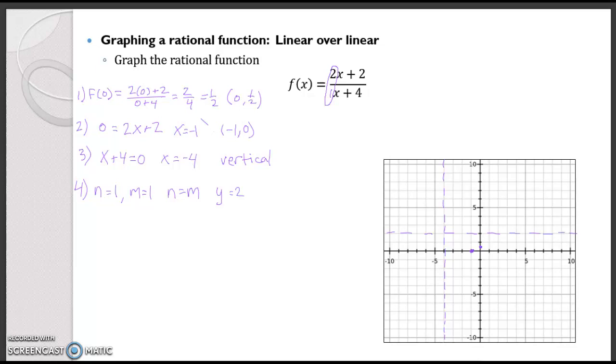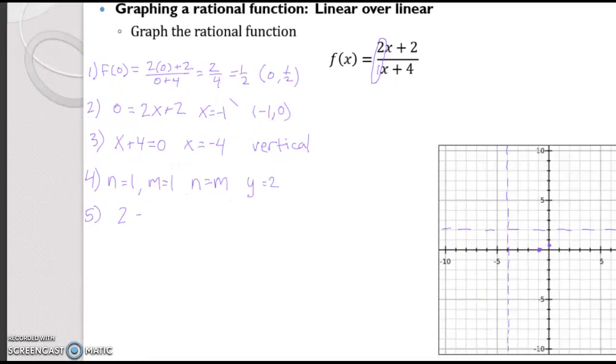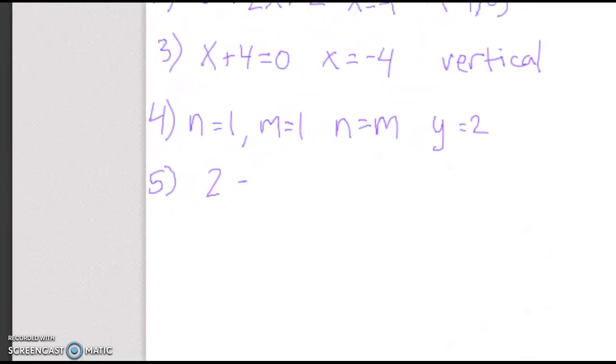Okay, now step 5 is to see if the function crosses this horizontal or slant asymptote. So this is at y equals 2, so we let y equal 2, and then we solve the equation. So this is 2 equals 2x plus 2 divided by x plus 4.